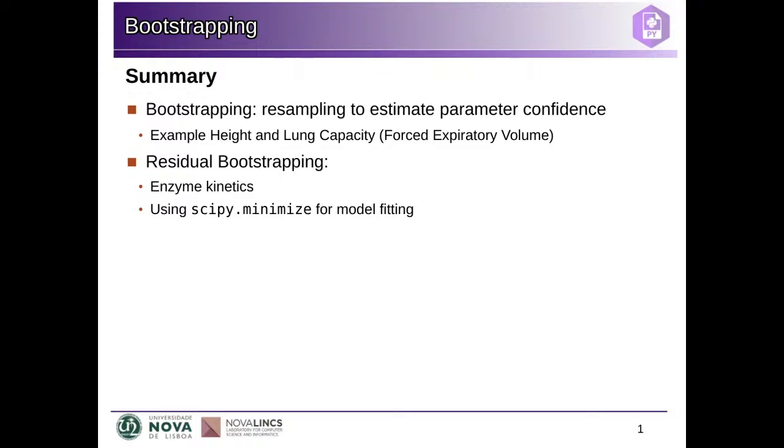So we're going to look at the correlation between height and lung capacity in children and teenagers, and lung capacity measured by this forced expiratory volume, which is the volume of air that someone can expel when trying to, for example, fill a balloon or something like that. Then we're going to look at residual bootstrapping, which is a variant of bootstrapping, using an enzyme kinetics example. And I'm going also to show you this other function that you can use for fitting models that may be a bit more complex than the ones we used in curve fitting.